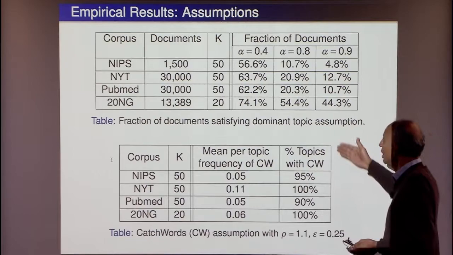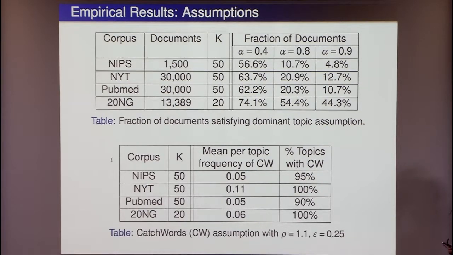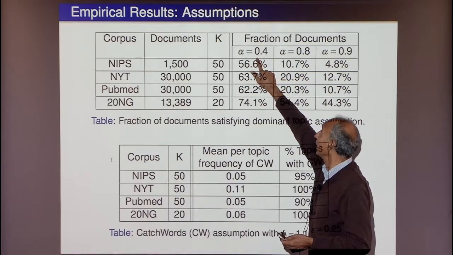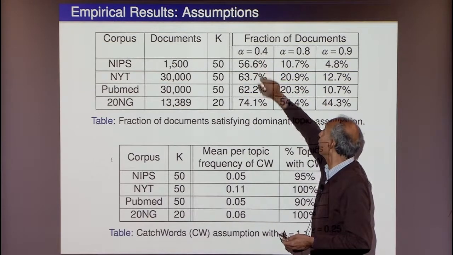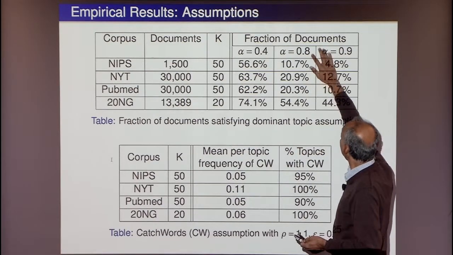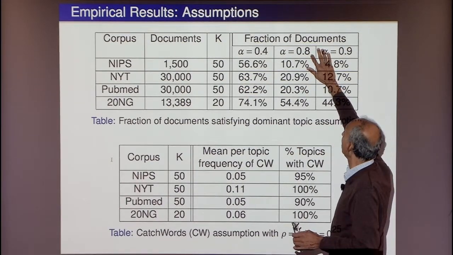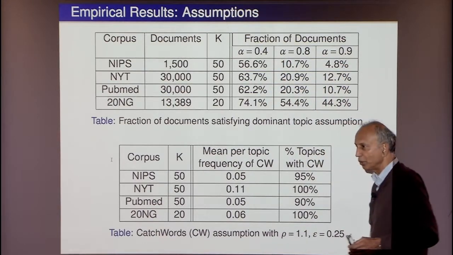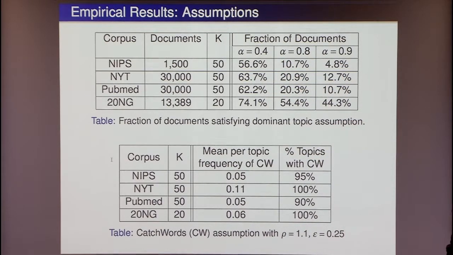Are they valid? So the fraction of documents satisfying the dominant topic assumption: alpha is saying that the topic weight should be at least 0.4 for the dominant topic. If you want the dominant topic to have at least 0.8, that's of course requiring a lot. There aren't so many. At 0.4 there are quite a few. I should backtrack one step. Even in LDA we know, and it was folklore and now we have a simple proof, that the prior puts a lot of weight on one topic if what's called the concentration parameter is low.